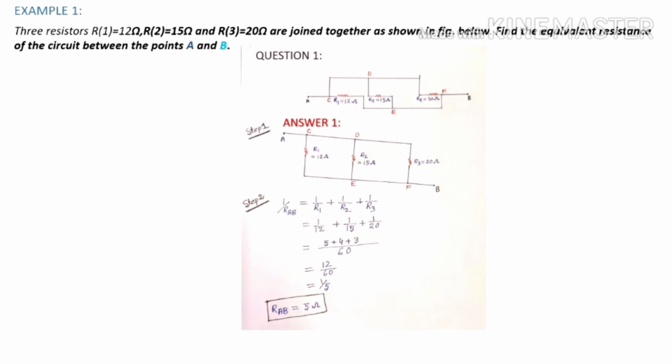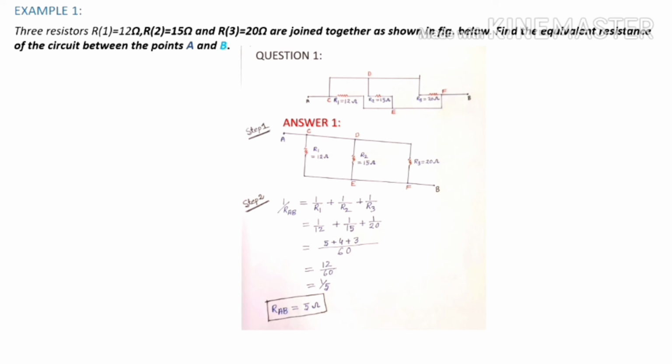Three resistors, R1 is 12 ohm, R2 15 ohm, R3 20 ohm, are joined together as in the figure. Find the equivalent resistance of the circuit between the points A and B. Here in the circuit, have a look. At first I define each junction alphabetically.